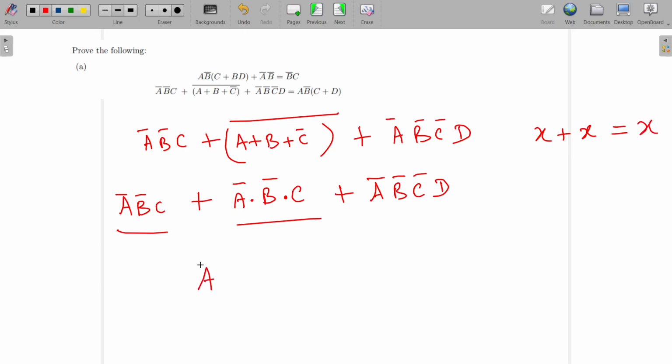The same way we write it as A bar B bar C plus A bar B bar C bar D.